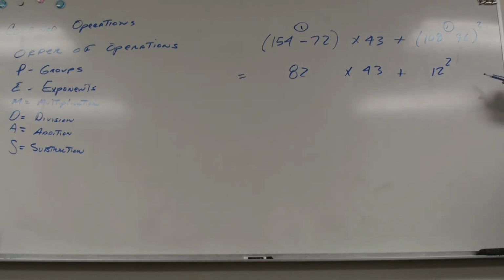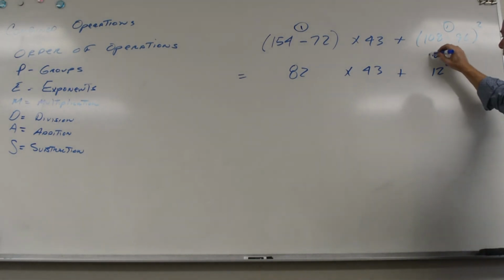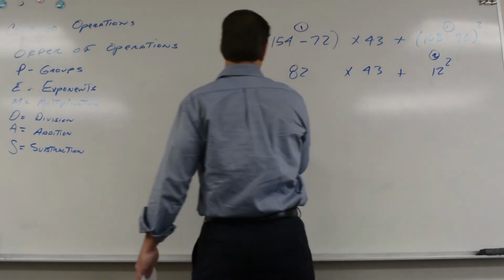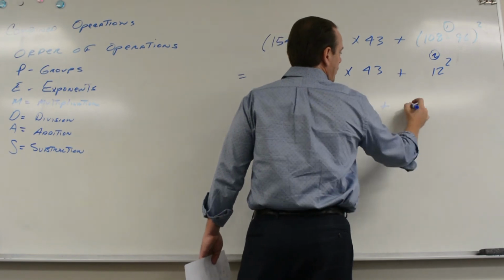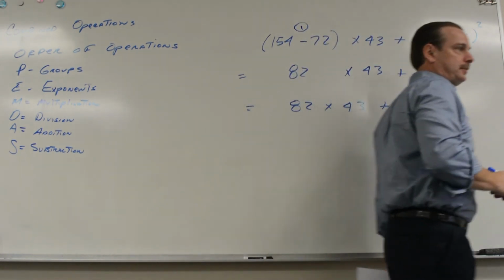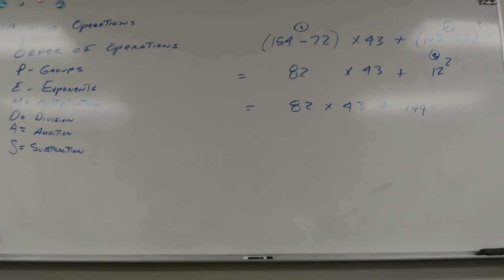Okay. Everybody caught up? All right, everything's done within the parentheses, right? We had 2 of them here to do. Now, what do we do next? Exponents. So this here is going to be done second. So we rewrite the equation again. And 12 squared is 144, which is 12 times 12. All right, we did the exponents.